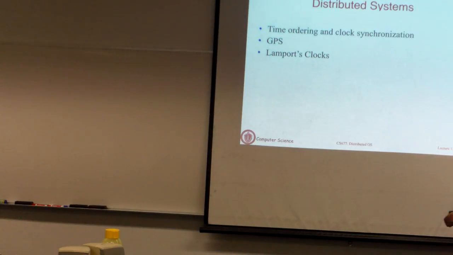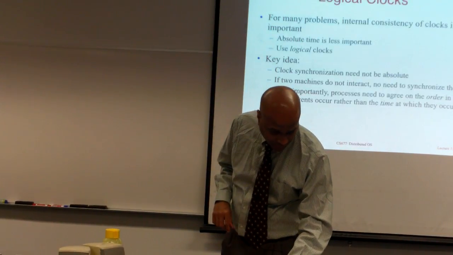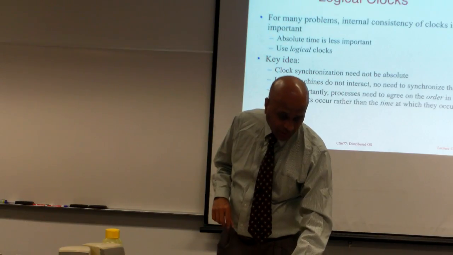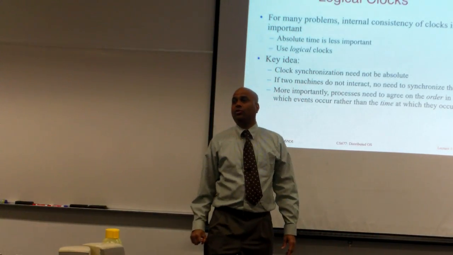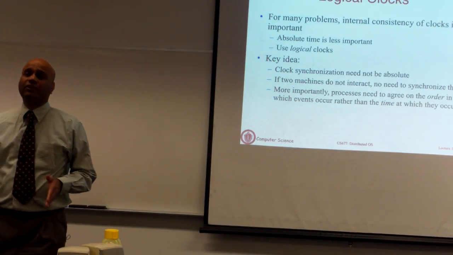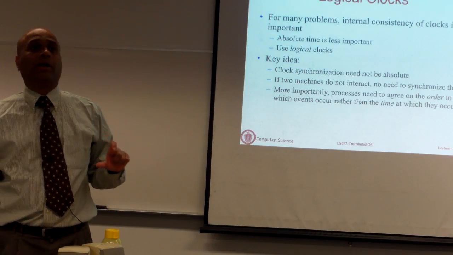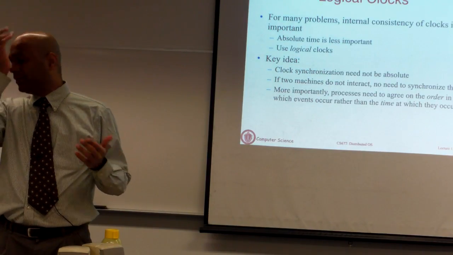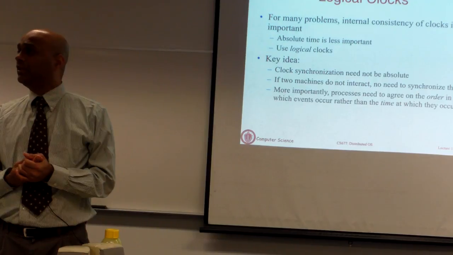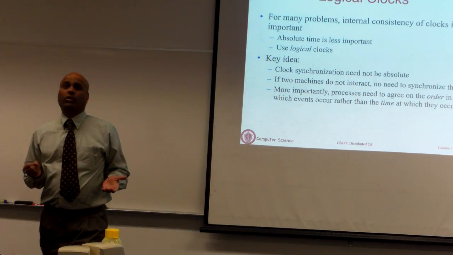The basic idea behind logical clocks, as in the slides from last time, was to say that in many cases we don't actually care about the actual time at which events occurred, but just the relative ordering of events, so that you can compare events and say which event happened before which other event, but not necessarily exactly at what time they occurred.